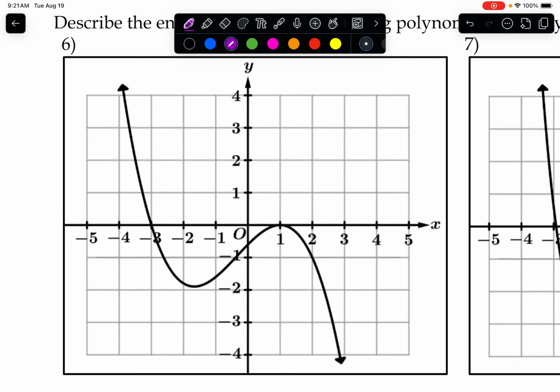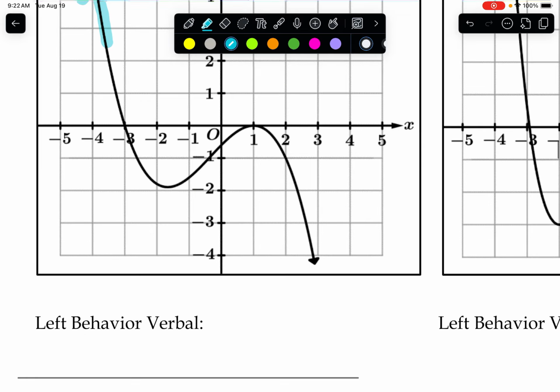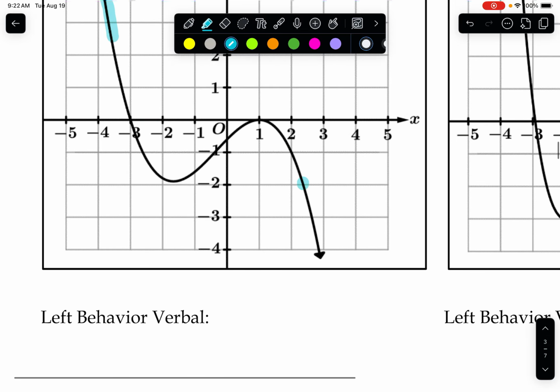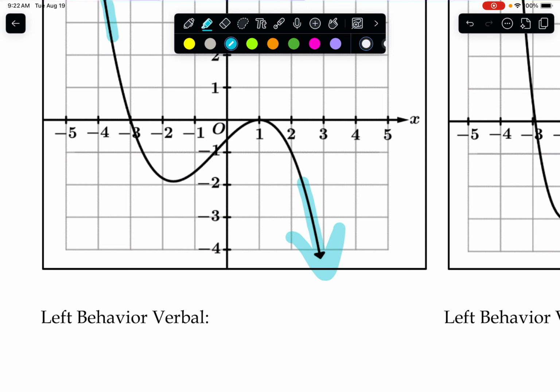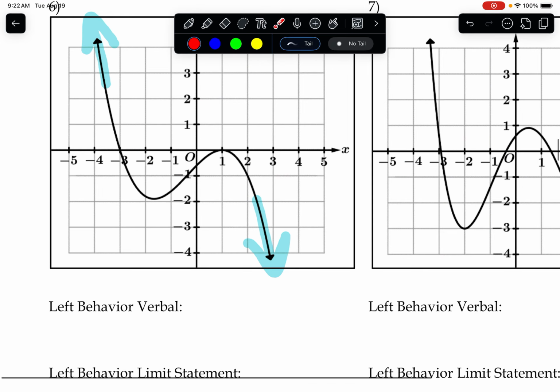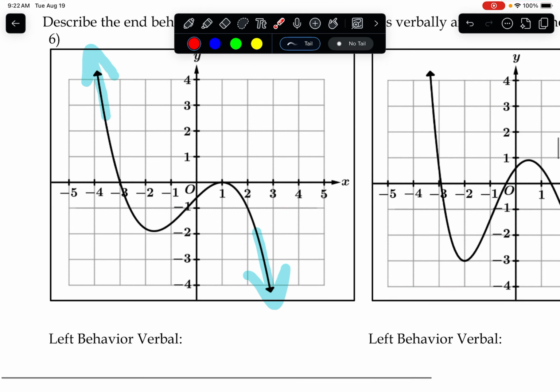When I look at my graph, I can see that as I go on the left side it's going up, and towards the right side it's going down. I want to focus on just the left behavior and see what's happening in English.